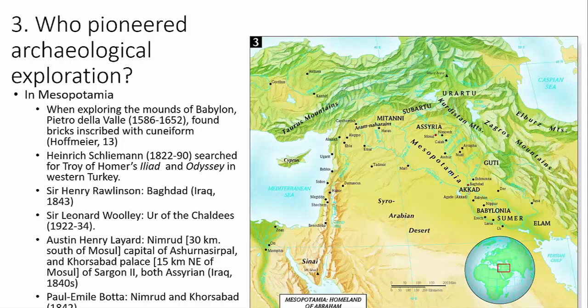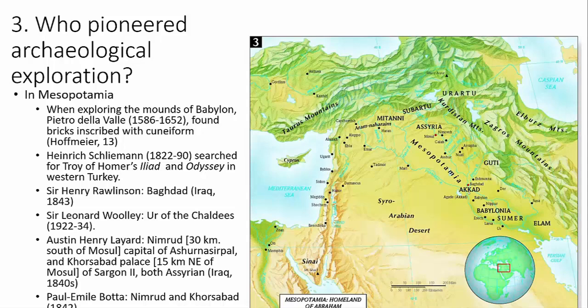And then both Austin Henry Layard of England and Paul-Émile Botta of France explored Nimrud and Khorsabad. Now, in order to locate Nimrud, go upstream of the Tigris, and you'll see the town of Mosul, the modern town of Mosul, below the capital letters of Assyria.